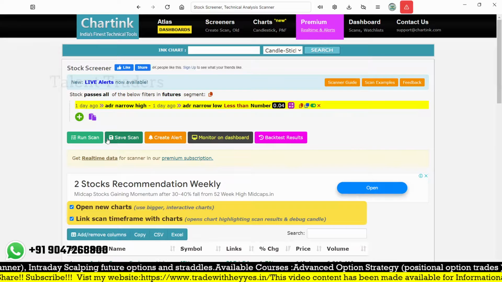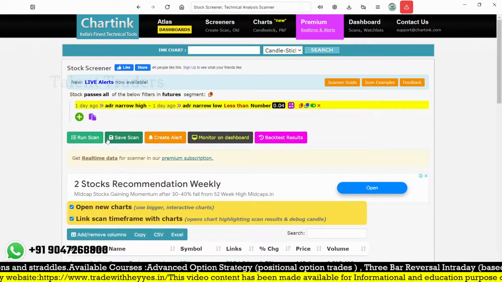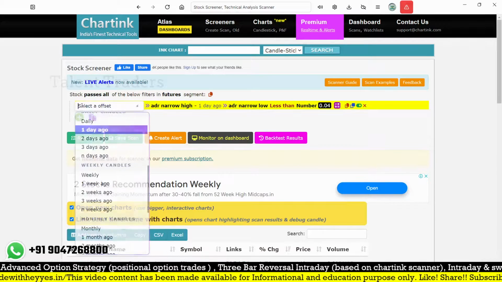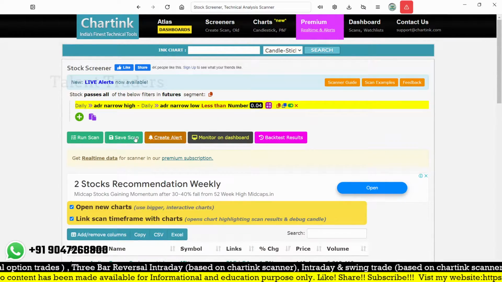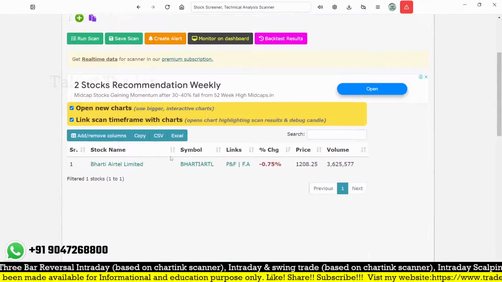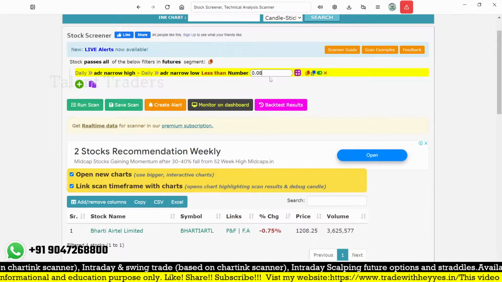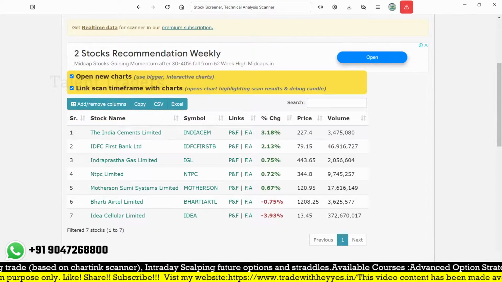So how do I find stocks for tomorrow? The stocks which will form a narrow ADR tomorrow. Let me try the same changes over here on daily. If you are using this daily, here you can see Bharati Airtel is a stock which may be narrow tomorrow. But you will not get these stocks in the list today.